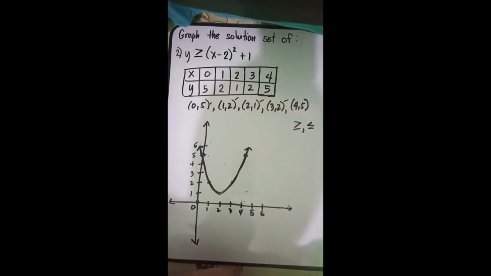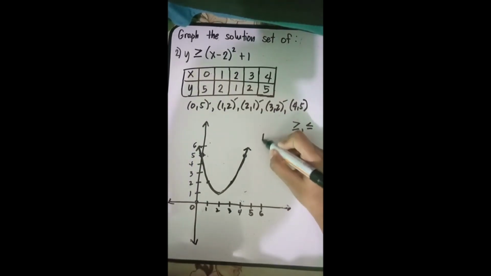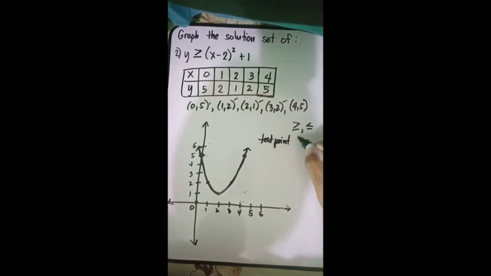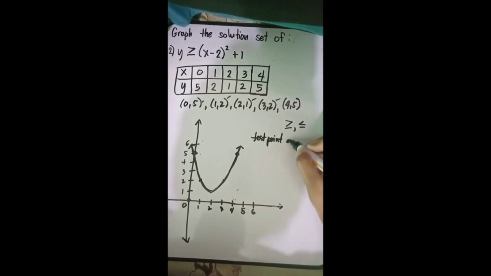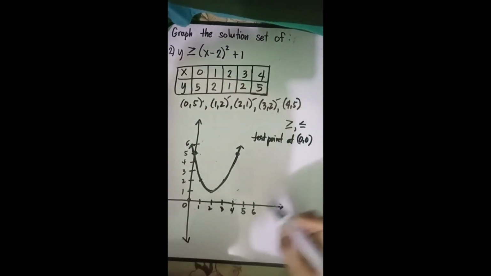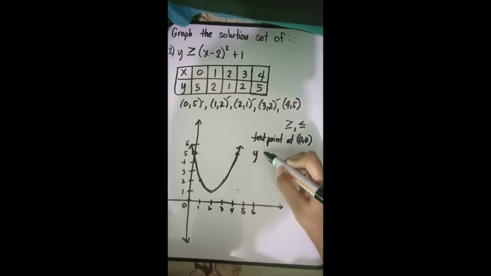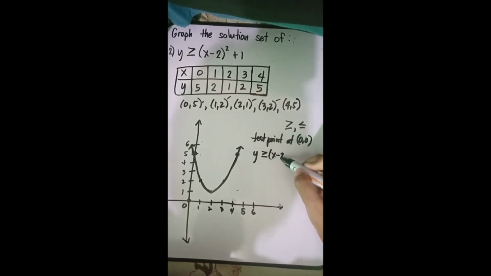So, ano yung coordinate ng origin natin? We have 0, 0. So, yung test point is at origin or at 0, 0. Okay? So, y is greater or equal to the square of x minus 2 plus 1.